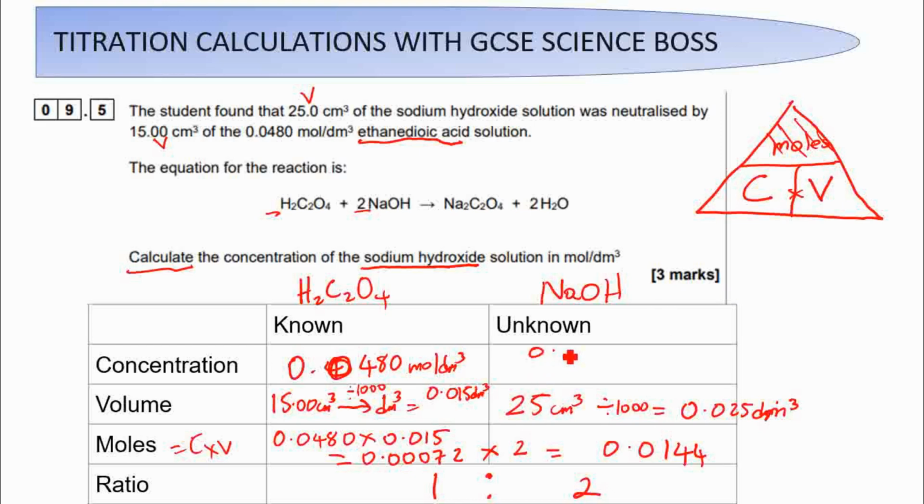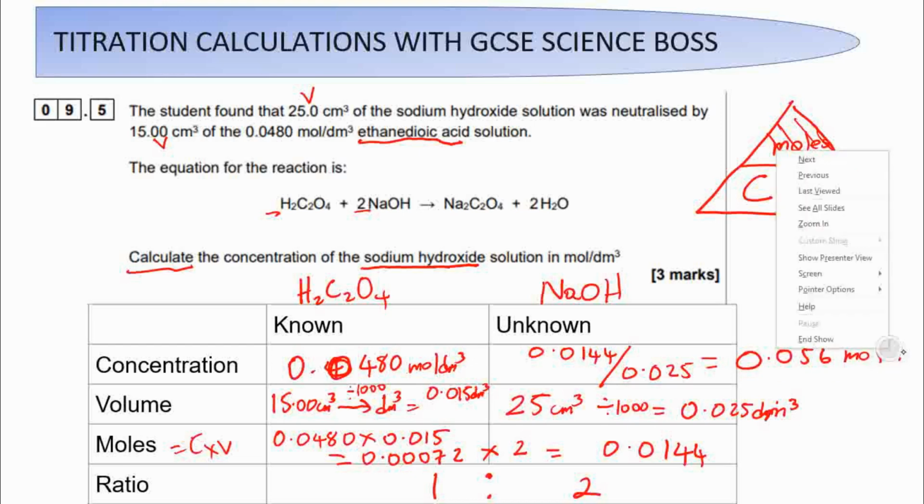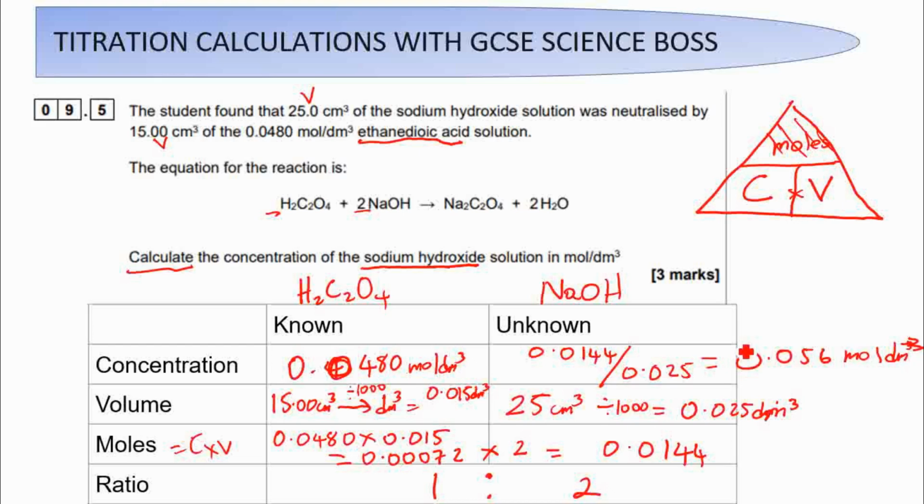So it's going to be 0.0144 divided by the volume, 0.025, which gives me an answer of 0.056 moles per dm cubed. Okay, good. So that's your answer.